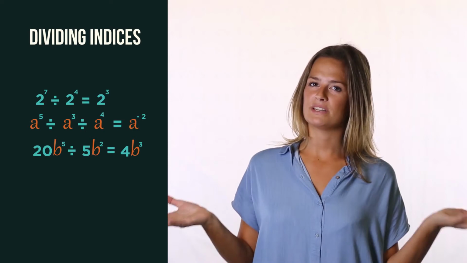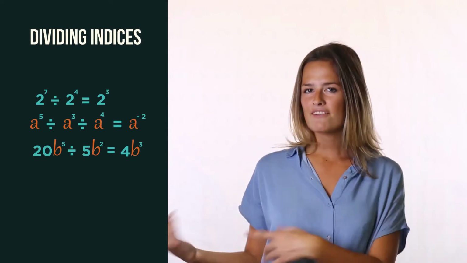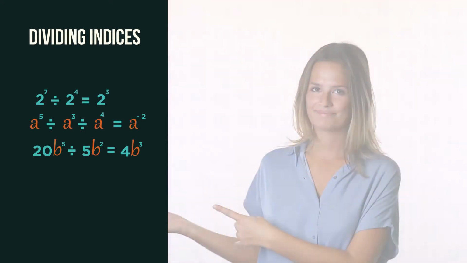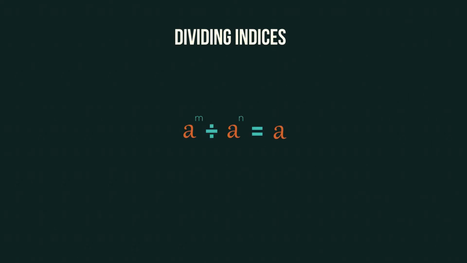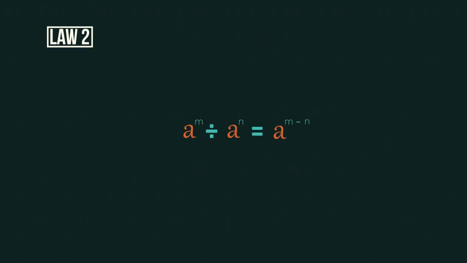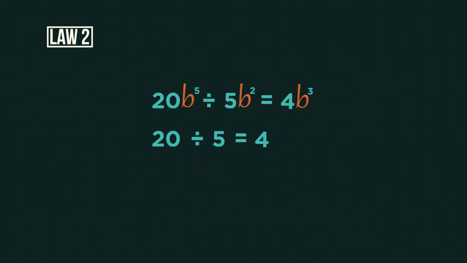So what happens when we divide with indices? Have a look and see if you can work it out. When we divide indices, we subtract the powers, but again, the base must be the same. So for this one, we do the numbers first and subtract the indices second.